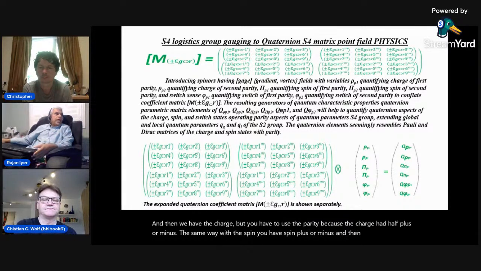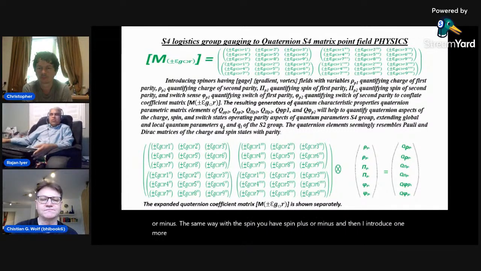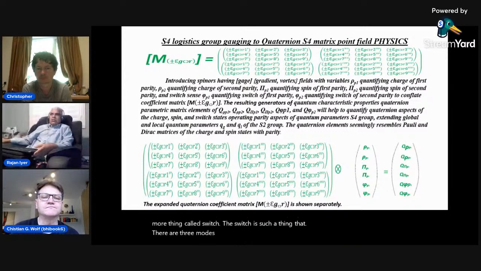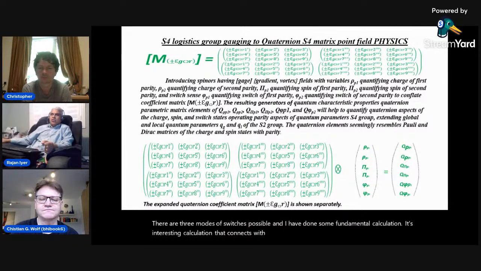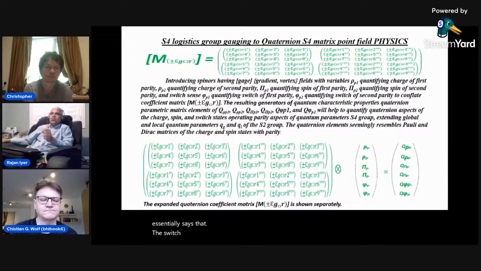And then I introduced one more thing called switch. There are 3 modes of switches possible. I have done some fundamental calculation, an interesting calculation that connects with Pauli matrices also. I may not have enough time to go through that today, but I'll briefly mention it. The switch mode being 0 means there is nothing there, it's just a vacuum.